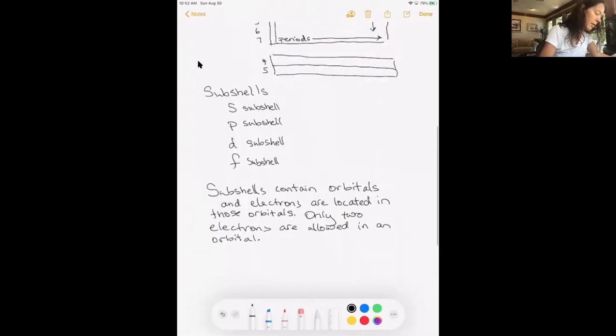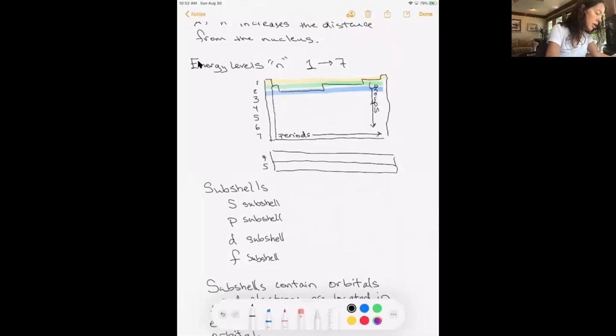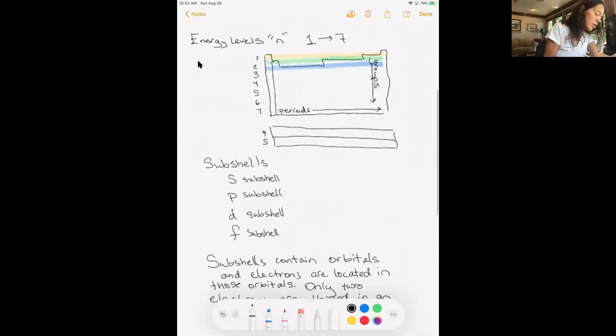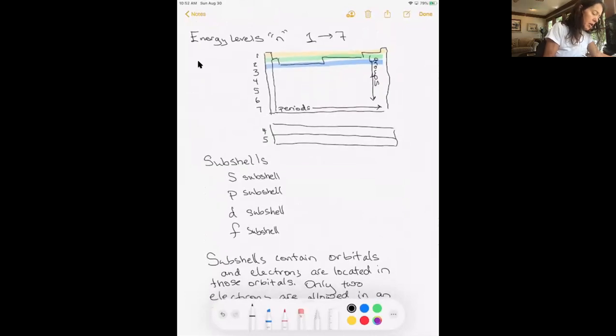Okay, let's go back up. So we talk about which energy level is the electron on. And then we talk about what subshell. Subshells are parts of energy levels, all right? So we're going from very broad, the energy level, to what part of the energy level. And then within that energy level, what orbital are you in?